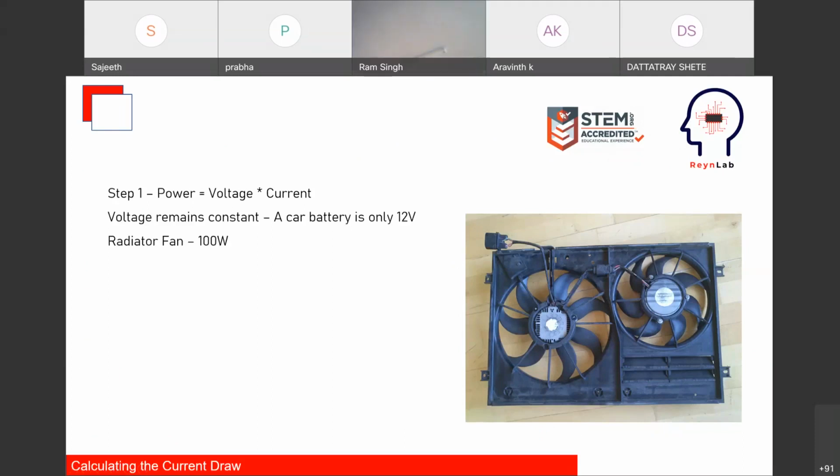A car's battery can provide only 12 volts. It's all a 12-volt system, or in the case of commercial vehicles, a 24-volt system. You don't have anything else. It's just one of these two. Now, you probably know that the radiator fan is a 100-watt system, right? Assuming you have this information, what do we do with it?